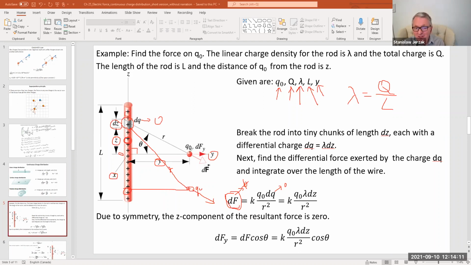But I think in one of the tutorials we solved the question when Q0 is not on the perpendicular bisector. But thank you very much for asking that question. That was actually a very good question, which I'm sure is on the mind of many students.